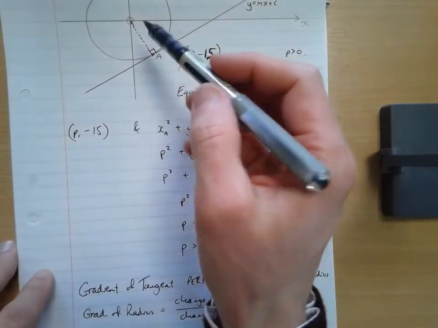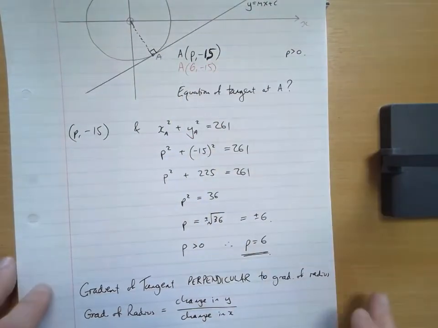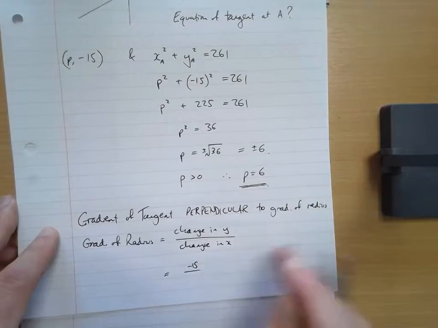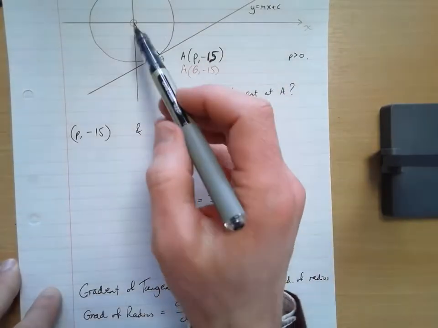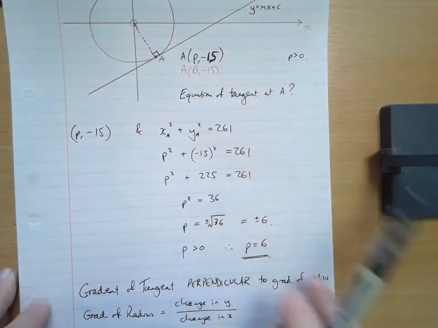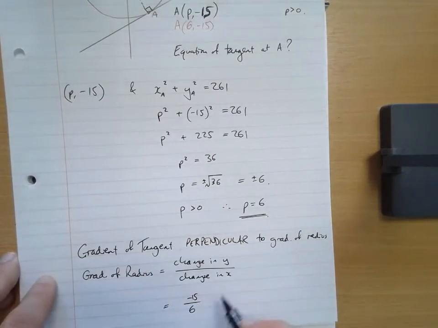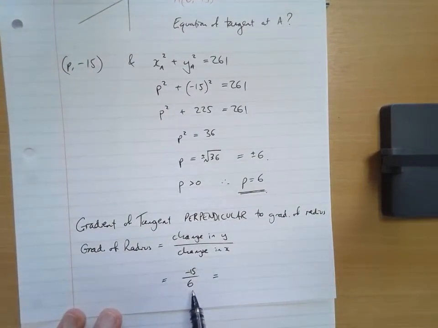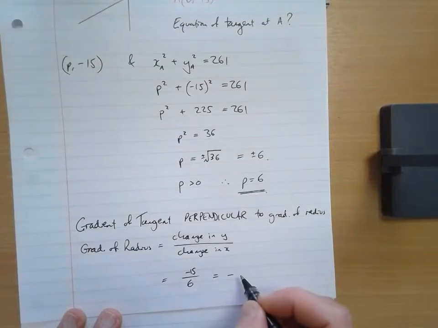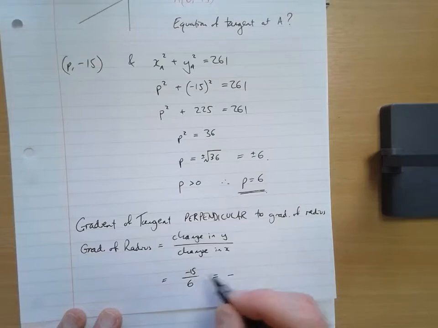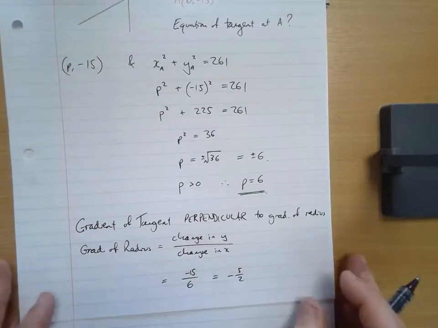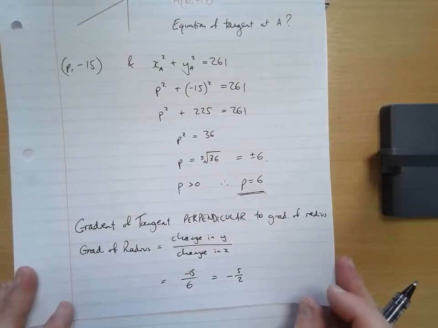Well, we've gone from 0 to negative 15. So we've gone down 15, minus 15. What's the change in the x direction? We've gone from 0 up to positive 6. So the gradient of the radius is minus 15 over 6. If we simplify that, it cancels through by 3, so minus 5 over 2. So we've got a radius gradient of minus 5 over 2.